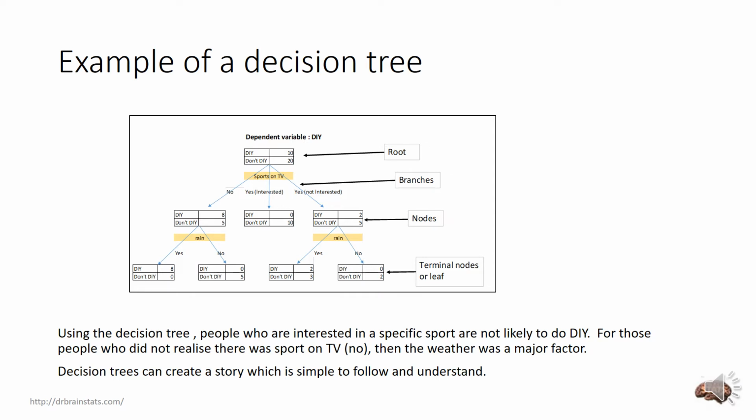It's only when you look at the weather that you see that if it's raining, people are more likely to do DIY, but if it's not, then they're most likely not to do DIY. And as you can tell, this tells a very simple story. Decision trees can create a story which is simple to follow and understand.